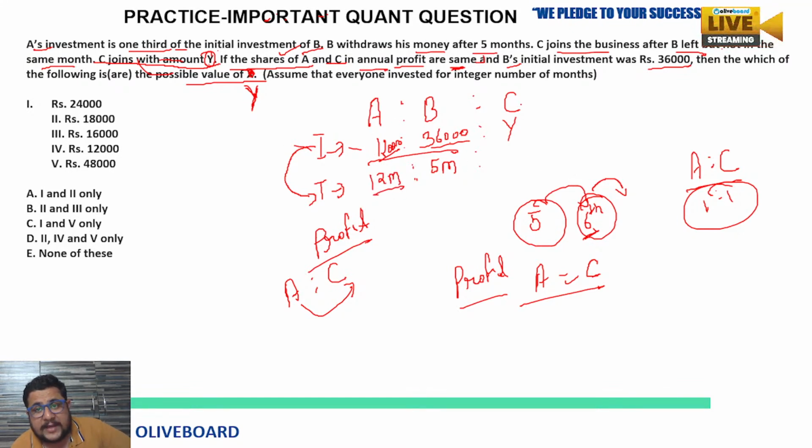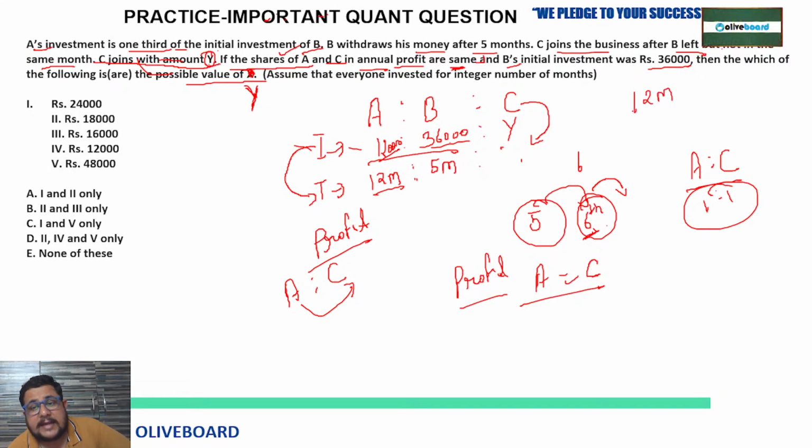But do we have the data about C? After how many months did C join? Because C is not joining at that moment. So what can we say here? Maximum, how many months can C invest for? After 6 months only, for the remaining 6 months, because total 12 months are there.